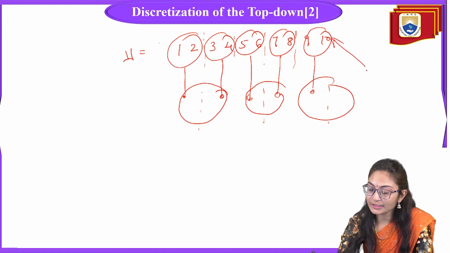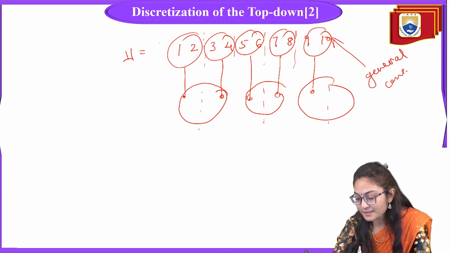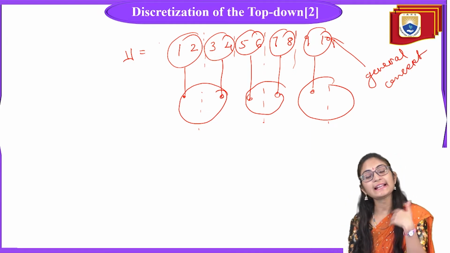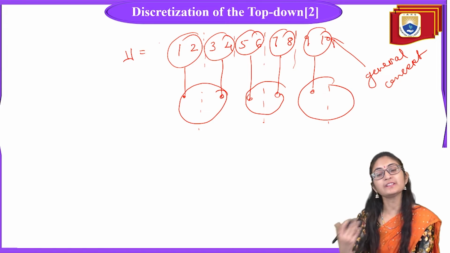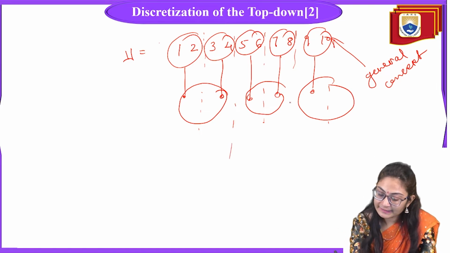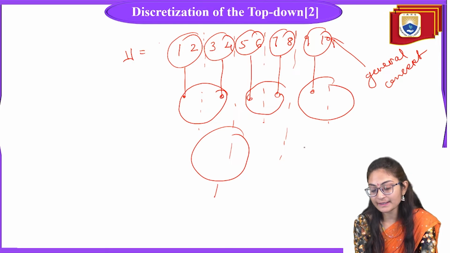This is, we can say, the general concept of data. But when we get the result, it will be a specialized concept. Again, I will split this data and I will get another data set.